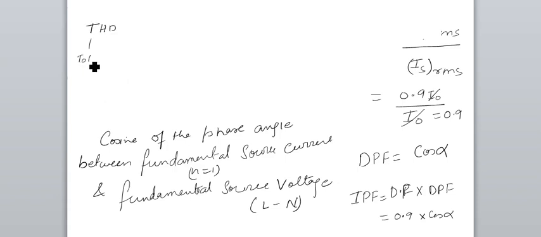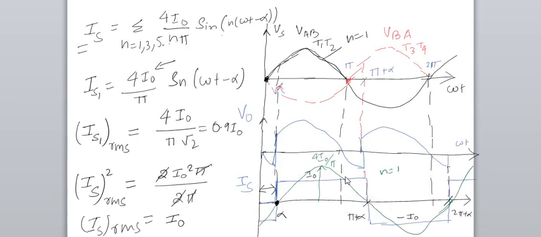Let us discuss THD, total harmonic distortion. In total harmonic distortion, there will be some waveform that is distorted. Distorted means the actual shape is changed.